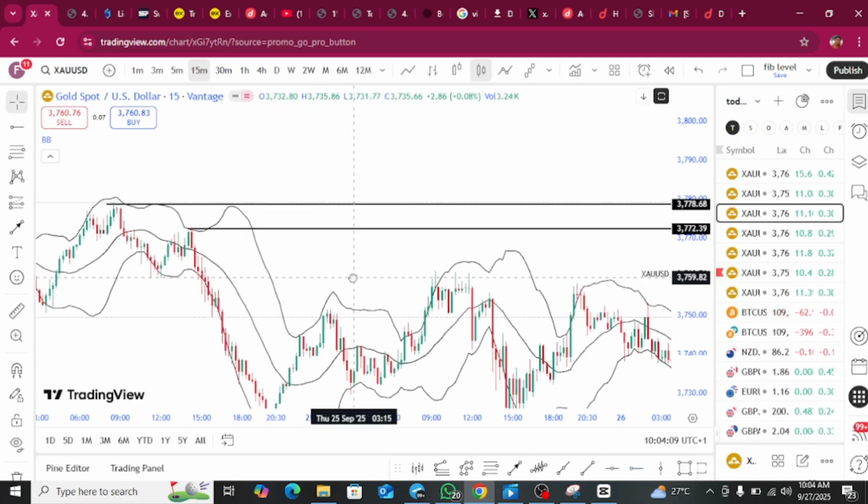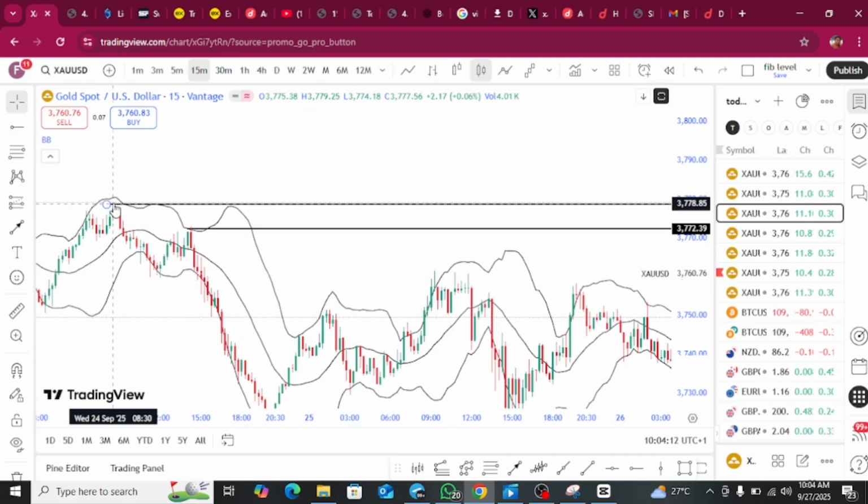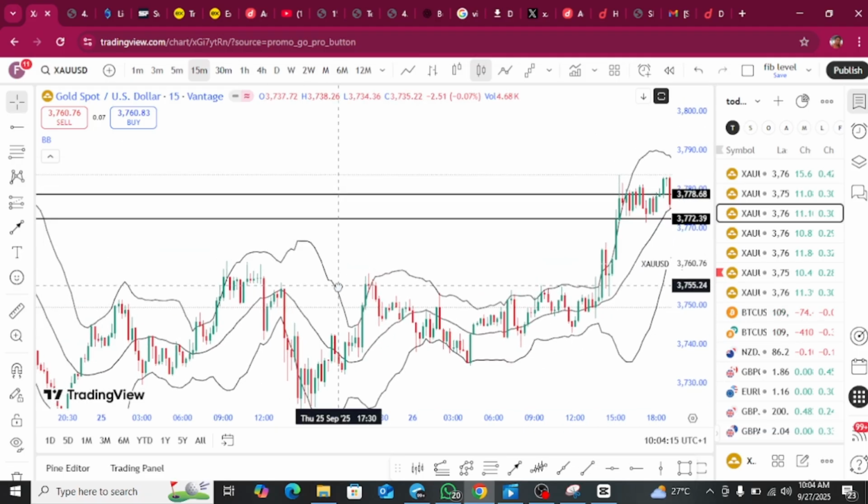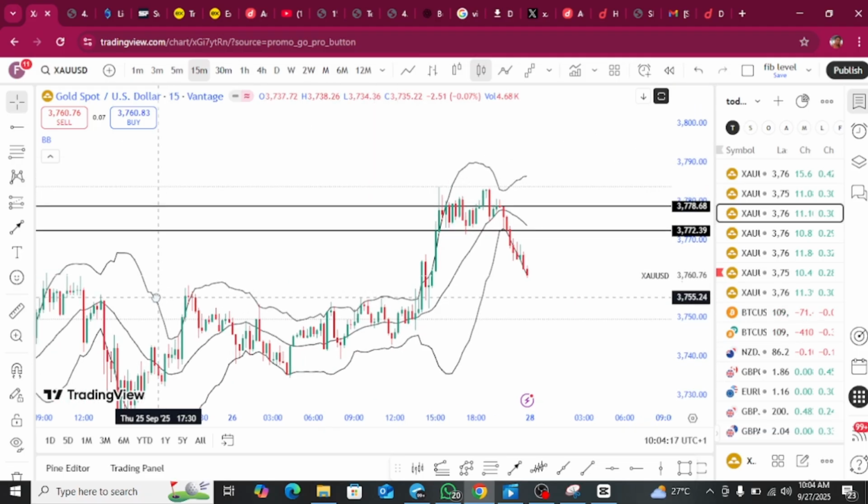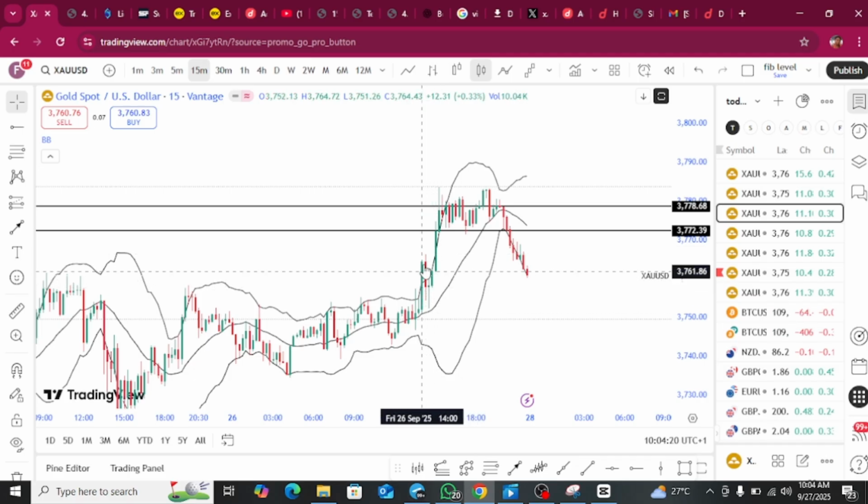So the first thing you do is to mark that place and keep it. Once you've marked it, you wait for price to come back into that place. As you can see, price came back into here. What did you notice? Now, this is the upper band of the Bollinger Band.